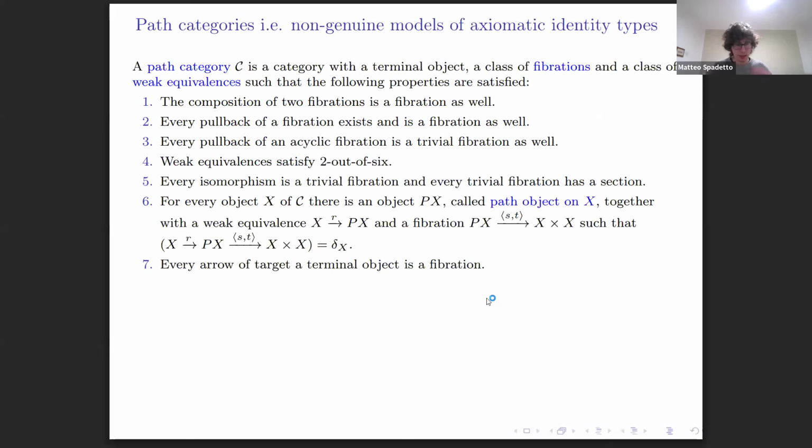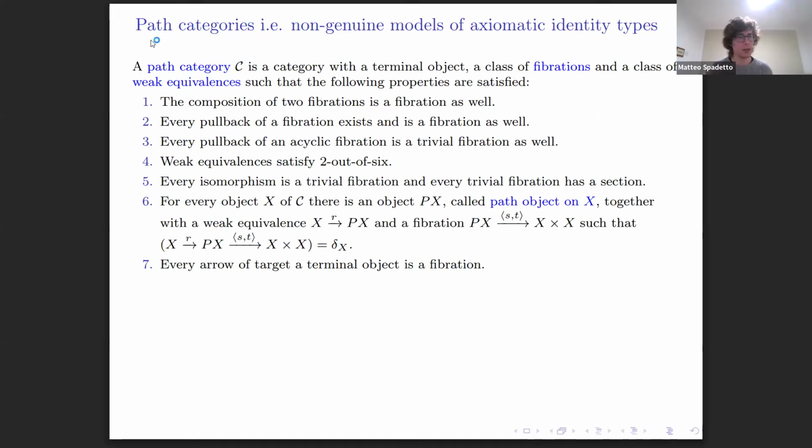And this time, we followed the homotopy theoretic approach to describe models. We used the notion of a path category, a notion which is similar to the notion of a model category.